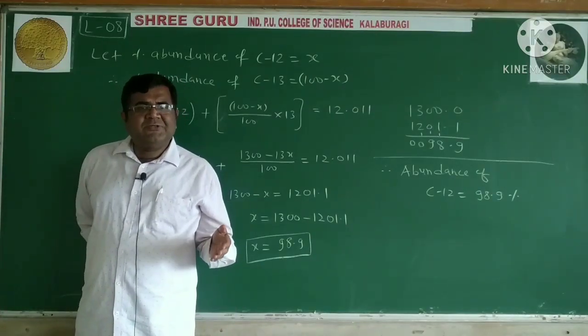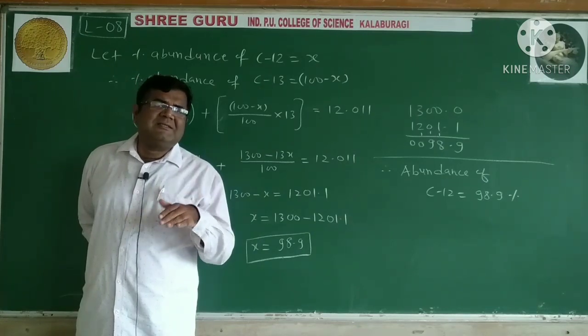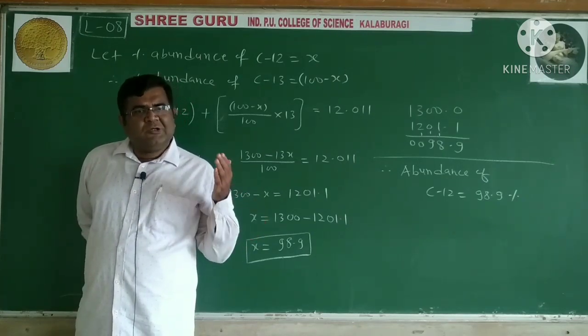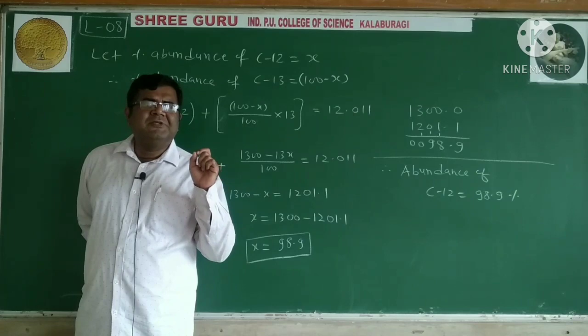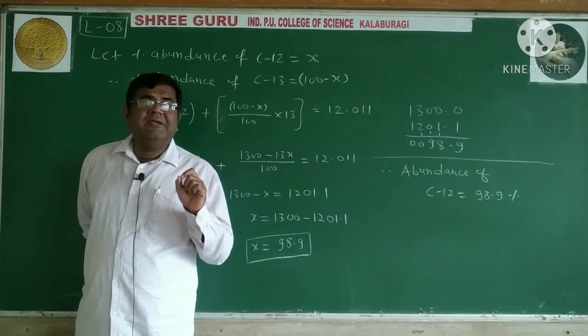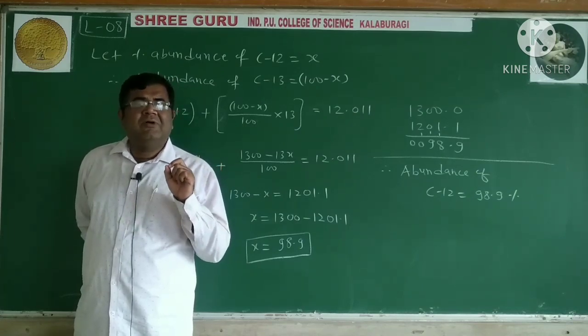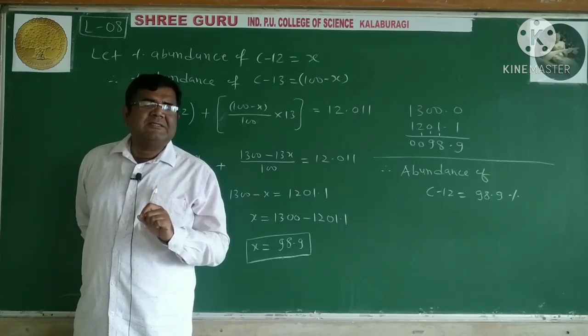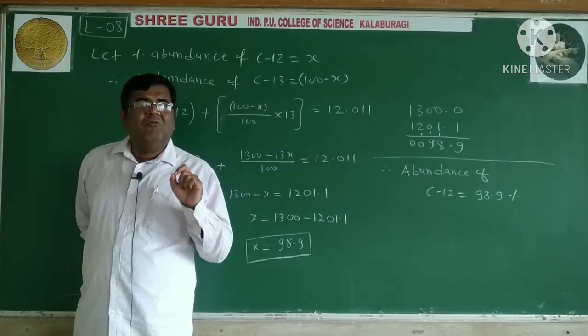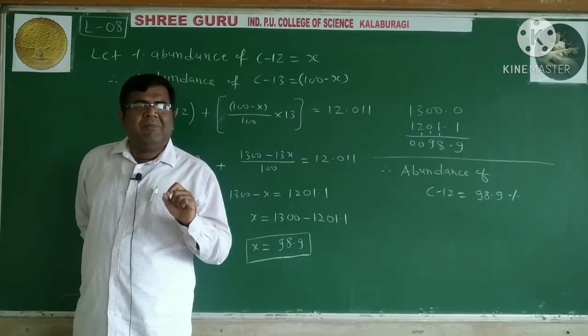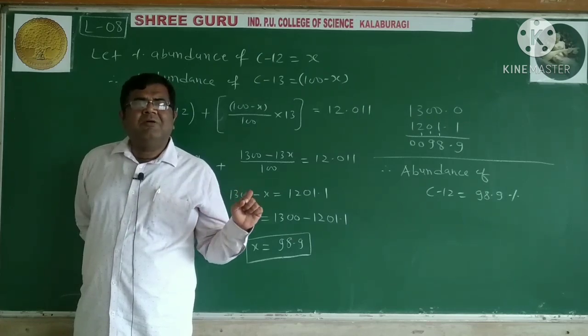But before that, we have defined atomic mass and molecular mass. Atomic mass, we said, is a number which indicates how many times the mass of one atom of an element is heavier than 1/12th part of the mass of one atom of C12.